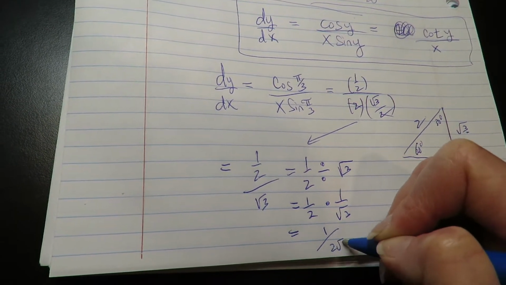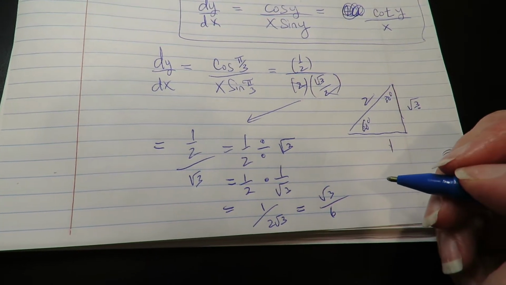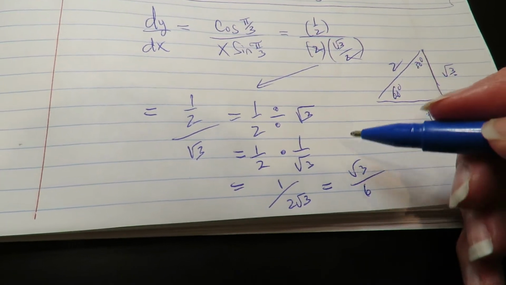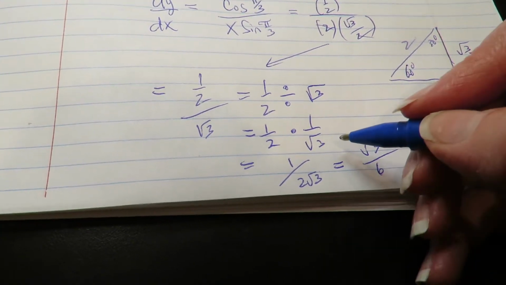So 1 over 2 radical 3, or if you rationalize it, radical 3 over 6. Either of these are fine. You don't have to rationalize it, right? If you rationalize it, you multiply up and down by radical 3.